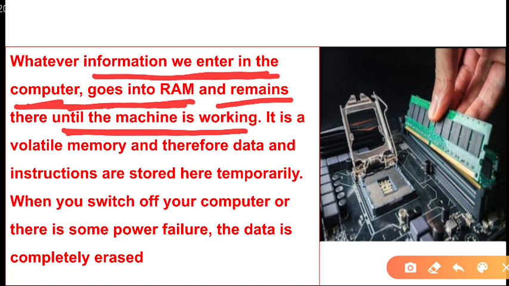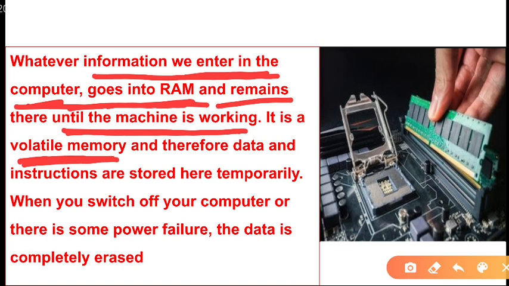That is why it is called a volatile memory. Volatile means something that can get destroyed. Non volatile means something that cannot get destroyed. So whatever information we store inside the RAM gets deleted when we shut down the computer. That's why it is called volatile memory.